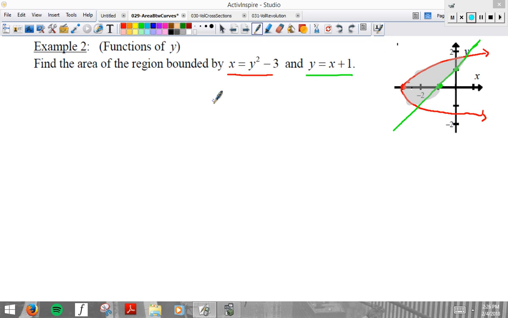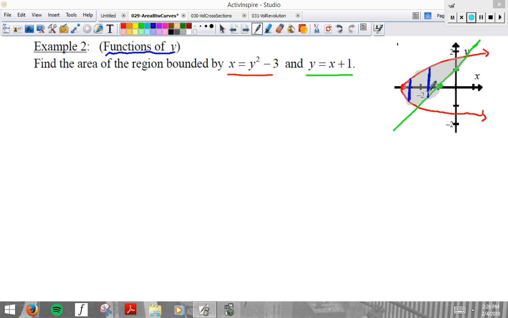Now, this is functions of y. For a few reasons, and we'll go over this eventually in probably lesson 6.6, using these vertical slices would be bad. It would be complicated, and over here we have it intersecting itself, which is always harder to describe than you might think.